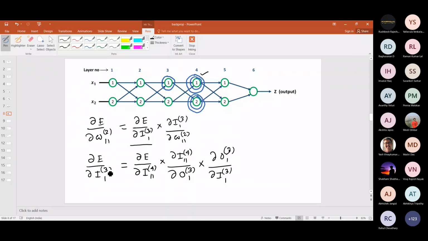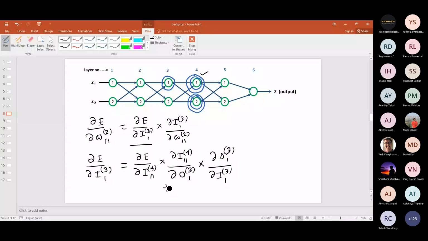But the I31 is also influencing this neuron as well. Not only this one, this neuron as well, because this I3 which is coming from here, influencing the whole thing, is also coming to here, with a different weight and all. So I have to compute that as well. Just like a simple derivative rule, because they are influencing these two, in addition to this, I have to do this thing for this particular neuron.